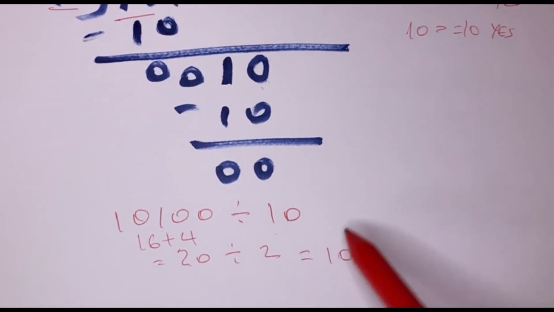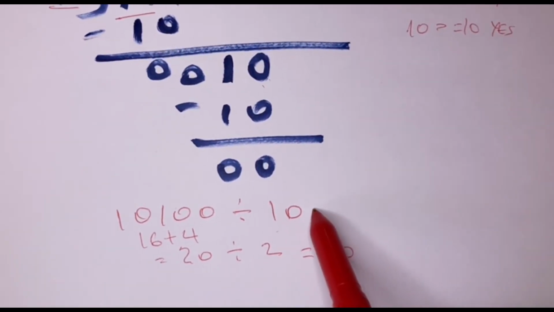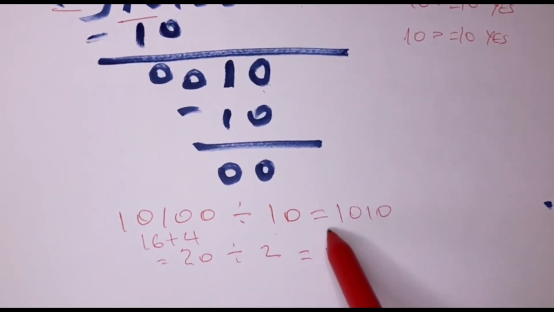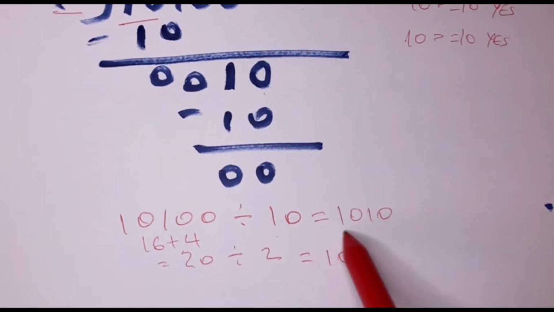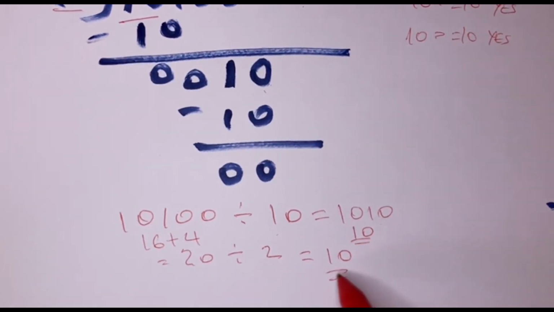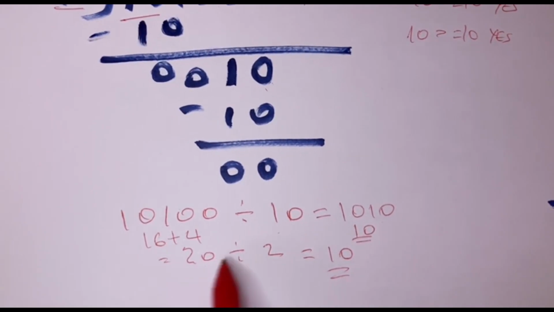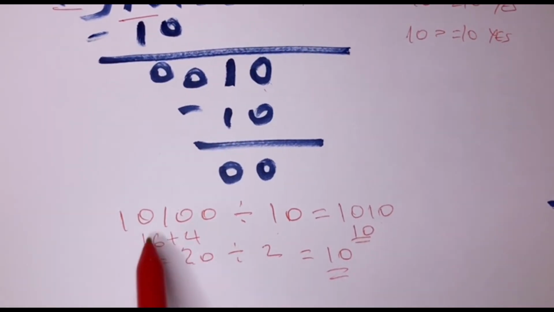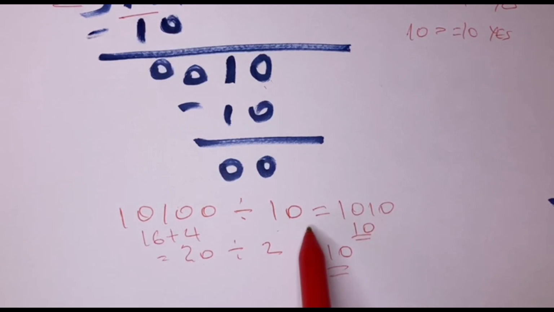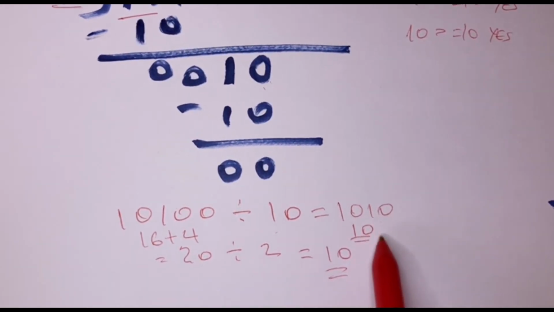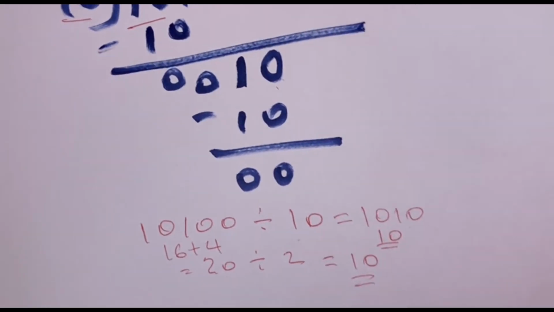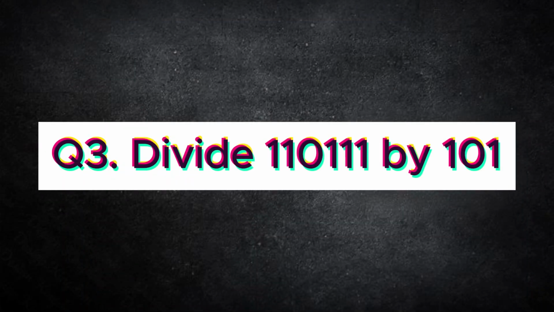Our result 1, 0, 1, 0 is 8 plus 2, which is 10. So in decimal, 20 divided by 2 is 10. Also for the binary numbers, 1, 0, 1, 0, 0 divided by 1, 0 is 1, 0, 1, 0, which is 10. So our work is right. Next example.